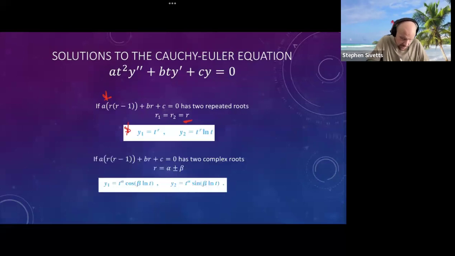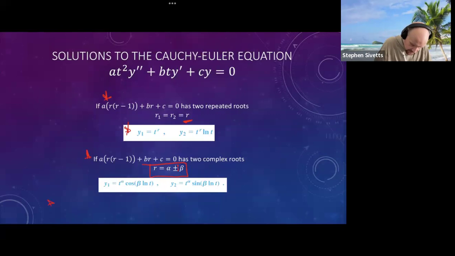If this equation here has two complex roots, r equals alpha plus i times beta, y1 is equal to t to the alpha times cosine of beta times ln of t. And then y2 is equal to t to the alpha times sine of beta times ln of t.